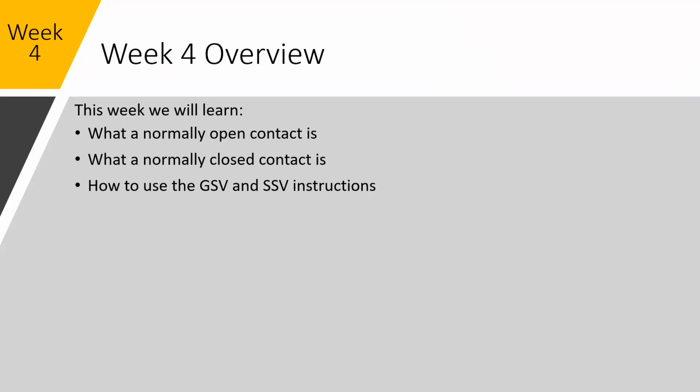We're going to look at extracting system values from these PLCs. So these are your GSV and SSV instructions. These are get system values and set system values. For the Logix 5000 platform, it is different from the Logix 500 platform.